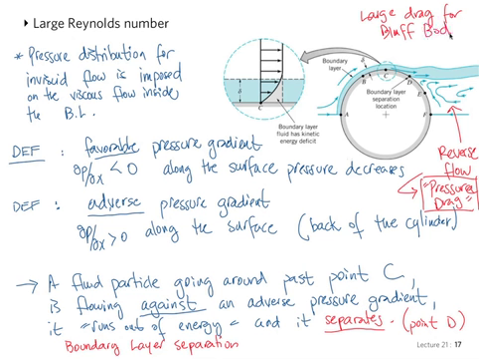And separation is always associated with drag. In fact, when we look at aerodynamic streamlined objects, beyond a certain angle of attack, I was saying, the flow will also separate. So even an aerodynamic shape will behave like a bluff body if the angle of attack is large enough.